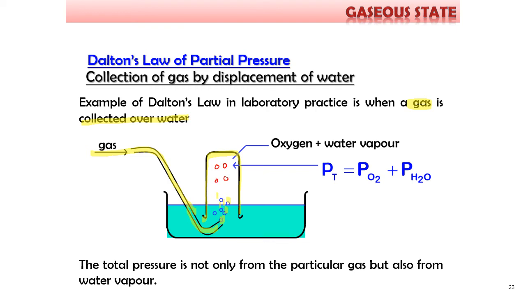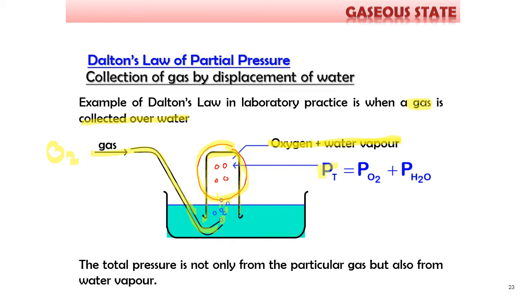So you will have gases inside this container. Inside here there are oxygen gas, for example, and water vapor. So if you pass through oxygen gas, you will be collecting oxygen gas here and also water vapor.